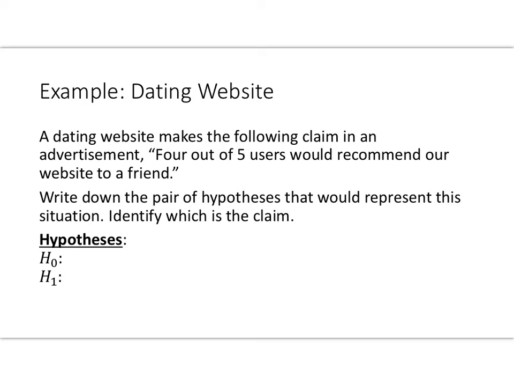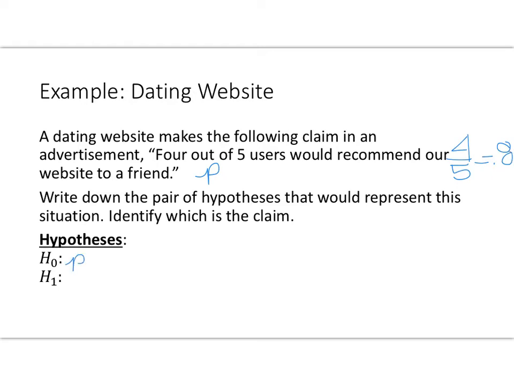A dating website makes the following claim in an advertisement: 4 out of 5 users would recommend our website to a friend. We're talking about here a population because we're talking about people and we don't see the word mean or average in this. So our hypothesis would be, 4 out of 5 is the same as 80% or 0.8.